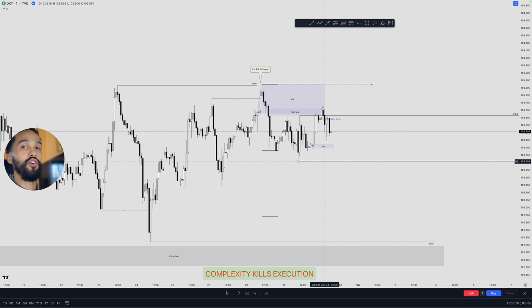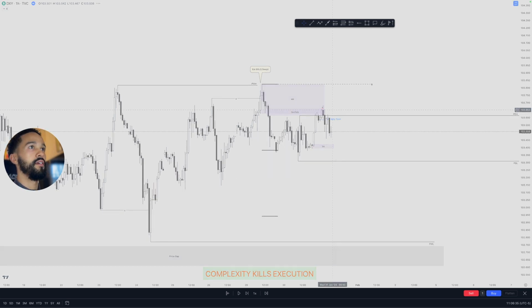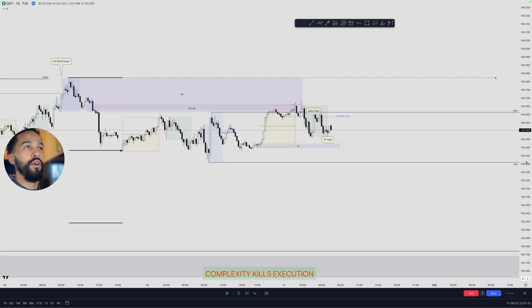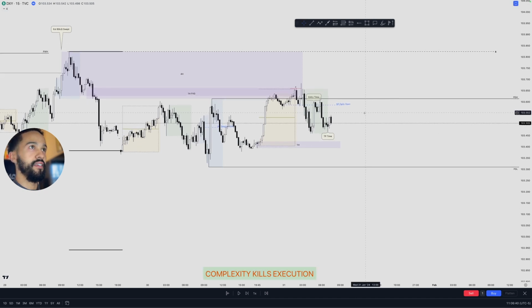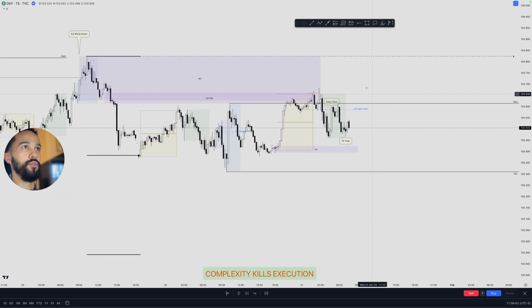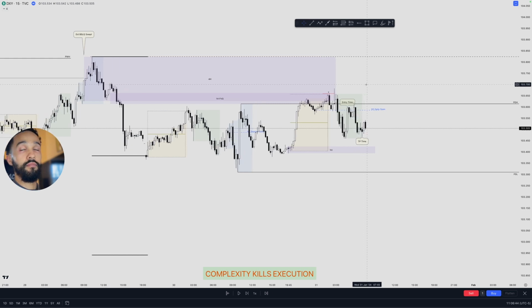It gave me confidence now that we've mitigated higher time frame POIs, taken a previous day high buy side liquidity, and swept the internal Asia high liquidity, and with the cycle bias of taking Asia and going the other way, I've now got both DXY and EU displaying those confluences that are pros for me, right?